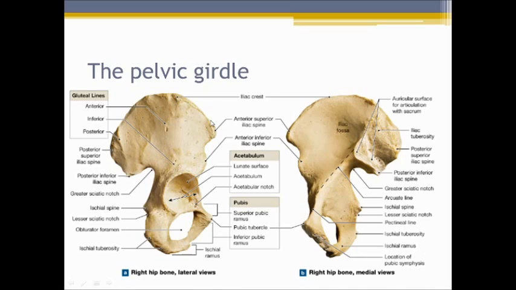The iliac crest is the roughened part of the top of the ilium. We also have on the anterior side of it, the anterior superior iliac spine and the anterior inferior iliac spine. They form a much smaller notch here. This is usually abbreviated ASIS and AIIS. If you're feeling the front of your hip, you can actually feel your ASIS.